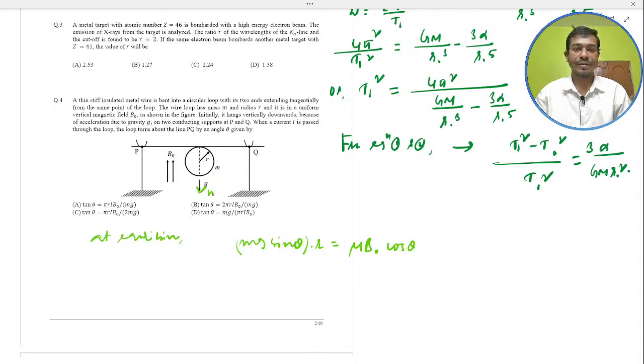This is a component, and that is another. So this is the mg sinθ, and on the other side this is μB0, this is μB0 cosθ. And this is the same.